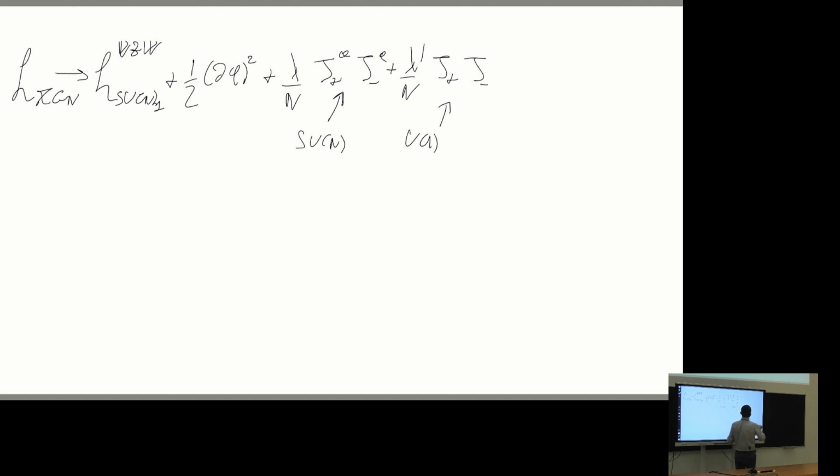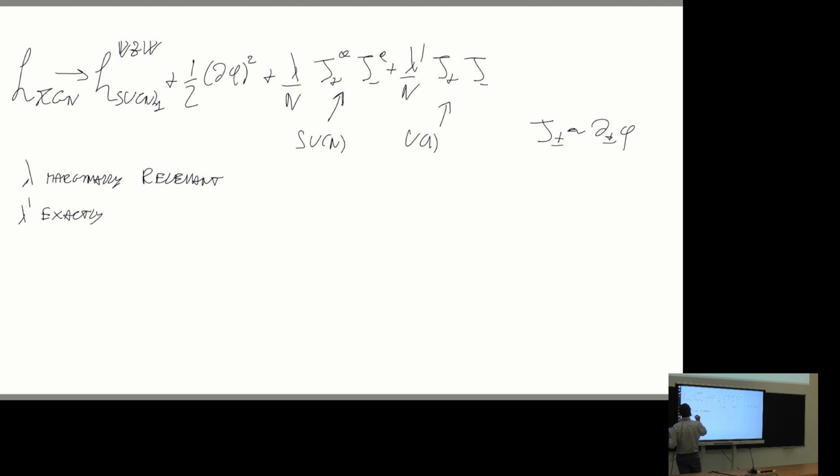Now, while the SU(N) current coupling lambda is a marginally relevant deformation, you immediately see from the form of J plus and J minus, which is simply the kinetic term, that lambda prime is actually exactly marginal, because it amounts to changing the radius of the compact boson, of the U(1) compact boson.